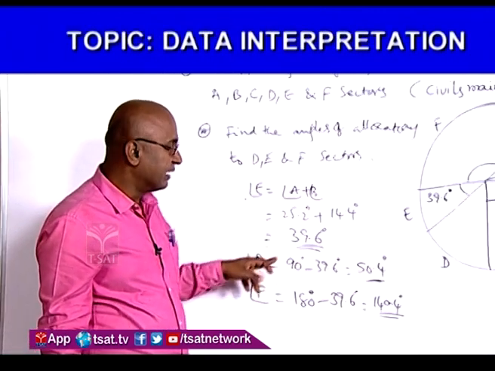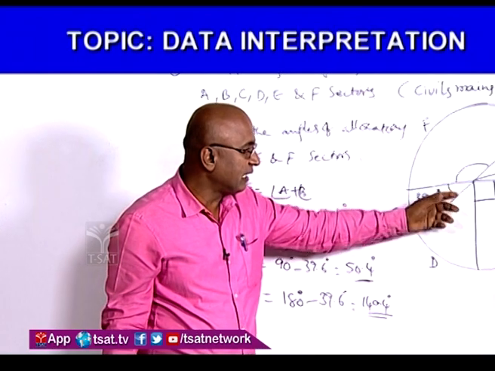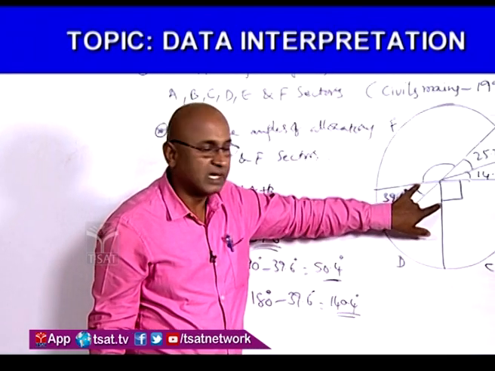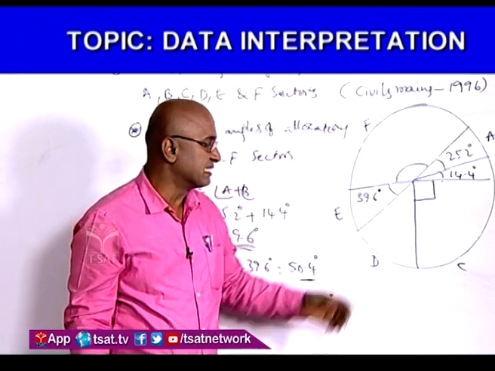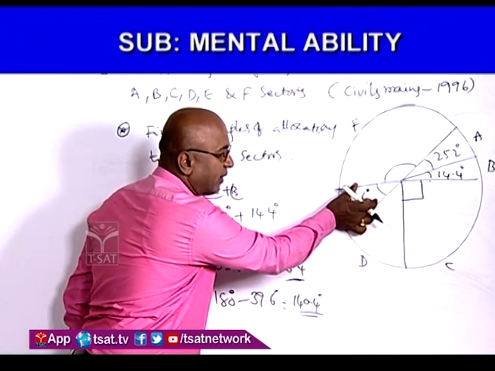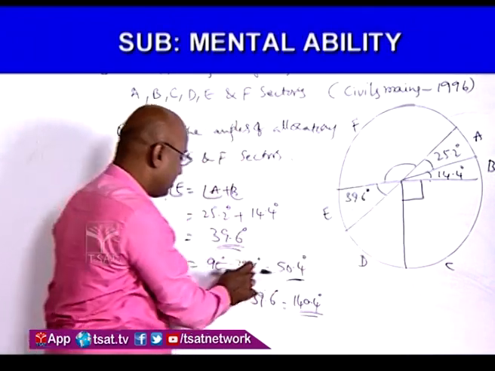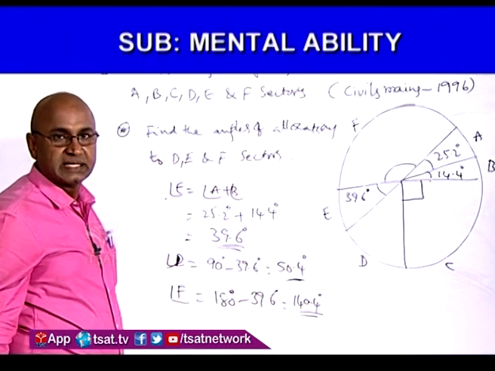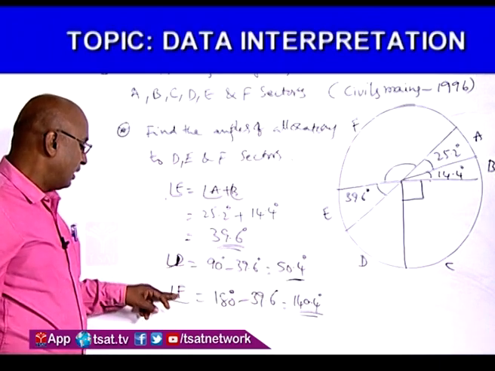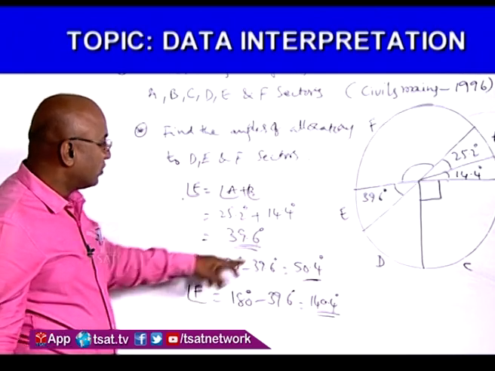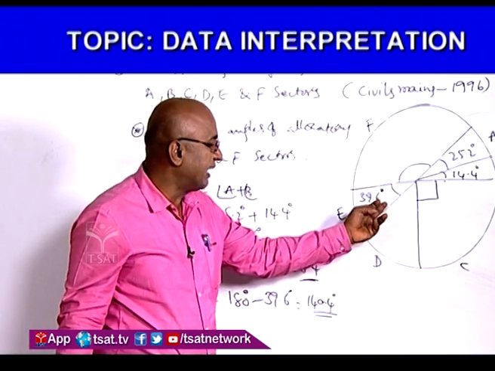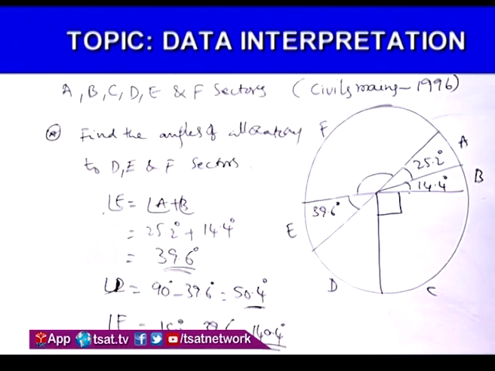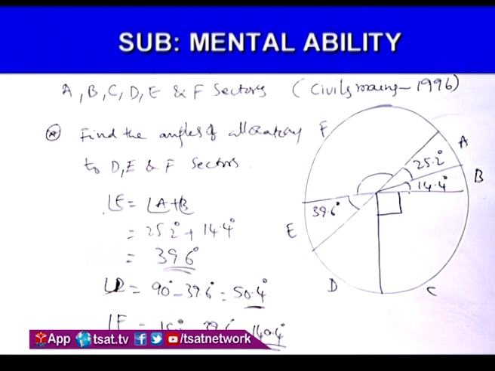And angle D: the angle in one-fourth of a circle is 90 degrees. So if it is 39.6, the remaining is 90 minus 39.6, that is equal to 50.4 degrees. And angle F is equal to 180 degrees total angle minus 39.6, that will give you 140.4 degrees.